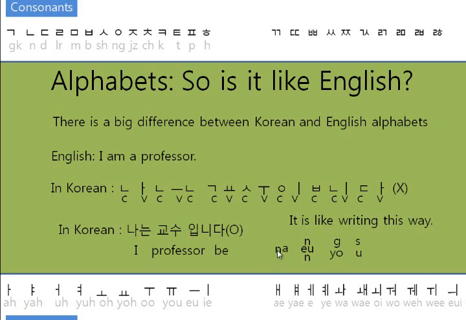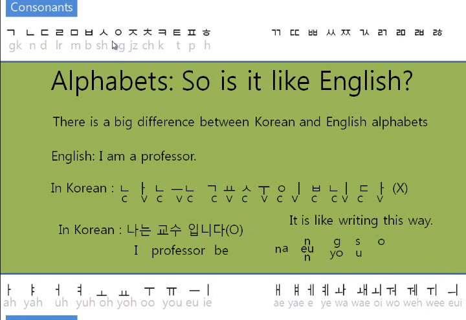So, na, look at this. 는, 교, 수. And then, in Korean, we have to have a consonant first. So when we make an E sound in English, there is no consonant needed. But here we have to have one. So that's why this circle comes.